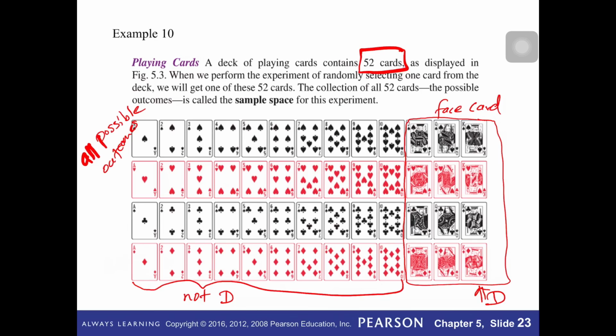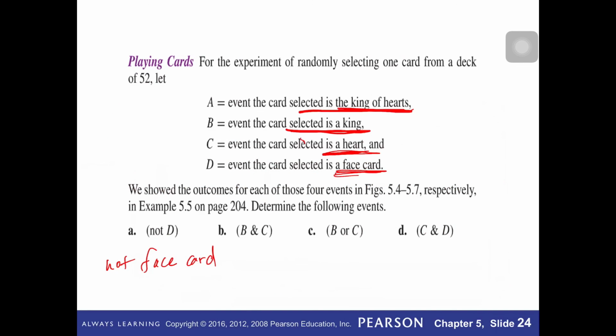Okay, B and C. Oh, sorry. What is B? Selecting a king. C is heart. So B and C means king heart, right? So B should be the king. C should be a heart. So both together, and, which means king of hearts.